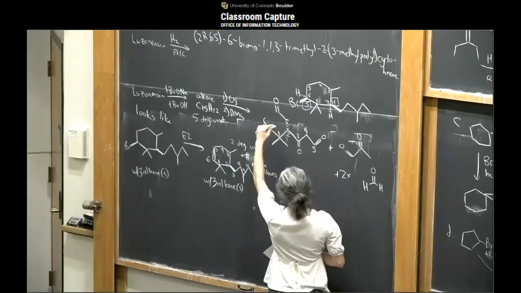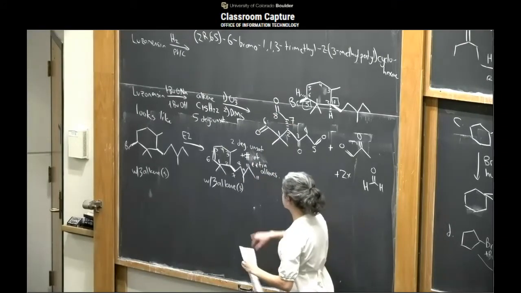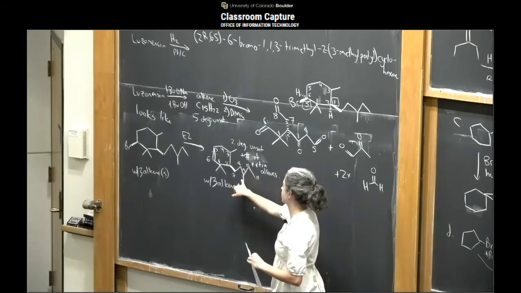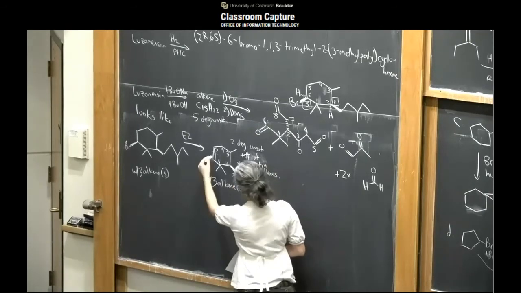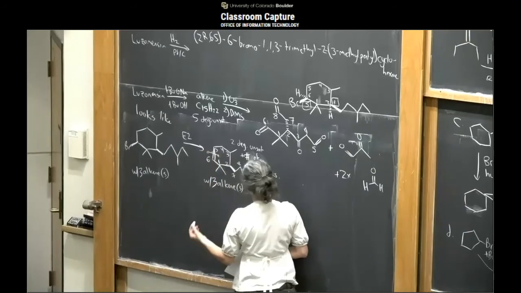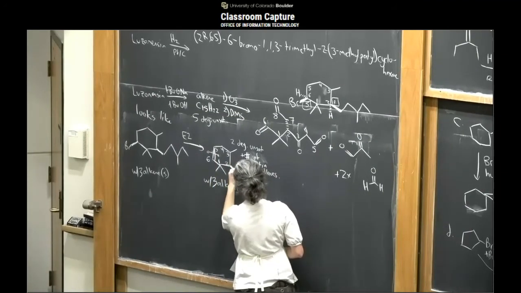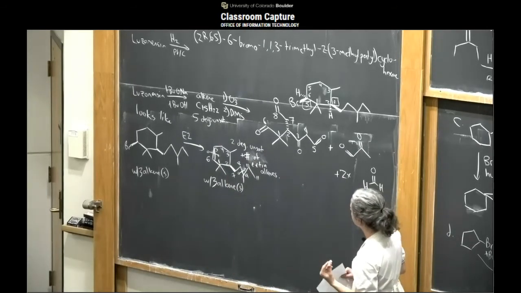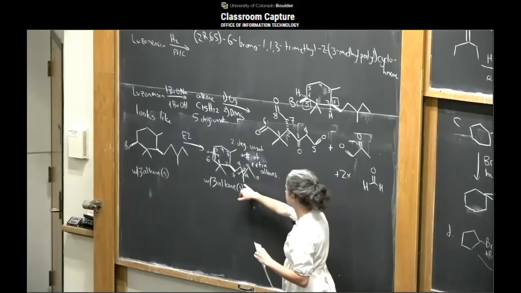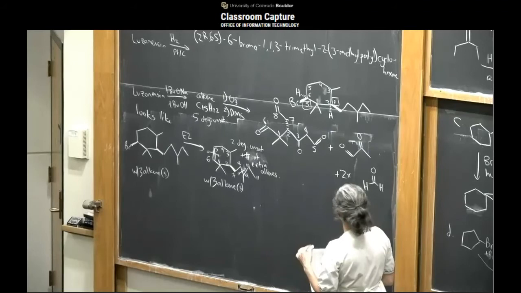So 2 has 7 and 8, but then it's missing 9, 10, 11 in the methyl group coming off of there as well. So that tells me that not only did this bond get chopped during ozonolysis, but also so did the 8-9 bond. So that got split during ozonolysis, which means that I've got probably some rest of the molecule chunk out here floating around as one of my products.